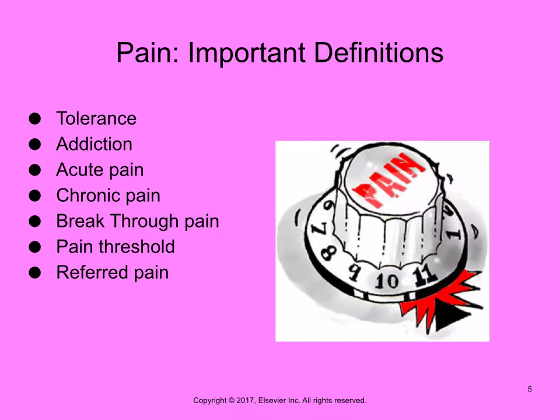Different people have different tolerances for pain, and it varies from person to person. It's very subjective, but it's influenced by age, gender, culture, ethnicity. Like, for instance, in terms of culture, Irish people are very stoic. Some people, like Italian people, tend to be a little bit more emotional about their pain.